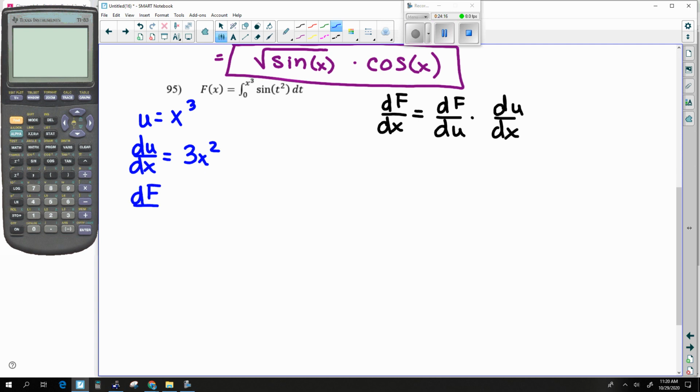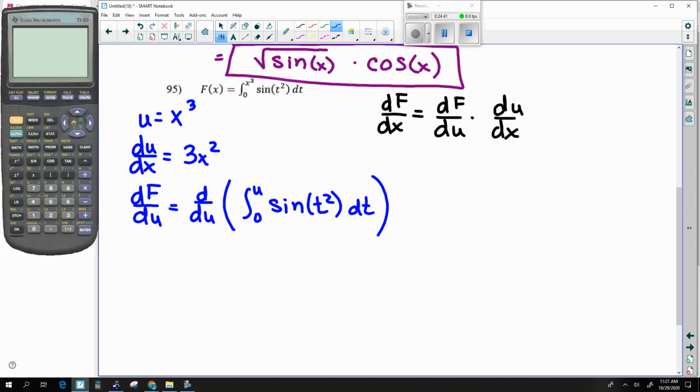df du is the same thing as saying d du of f, which is now the integral from 0 to u of sine t squared dt, because again, this is now the letter u because we made that substitution.